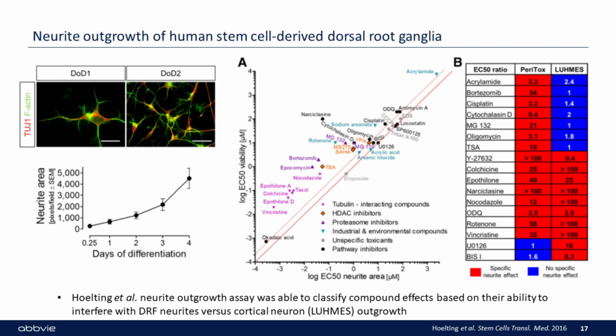And they classified the compounds by effects on either the peripheral or the central or both neurons with similar potency. This is a very useful approach, but these cell types are not commercially available, which limited its applicability to us.